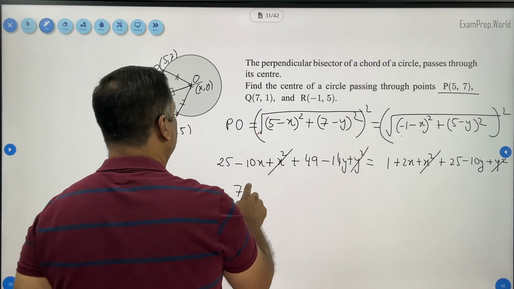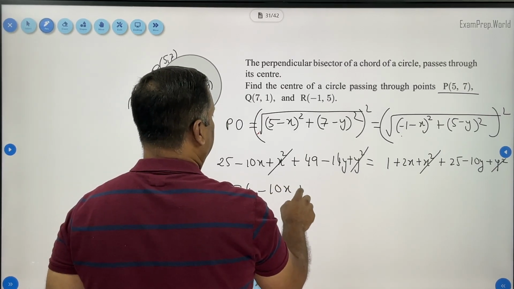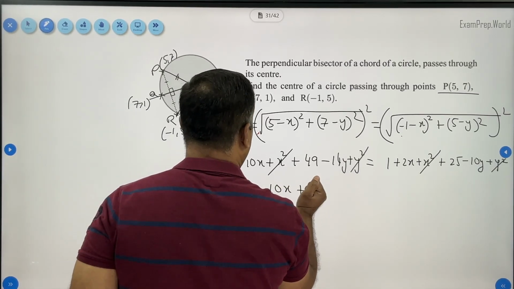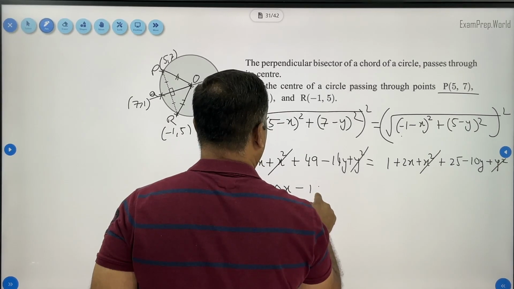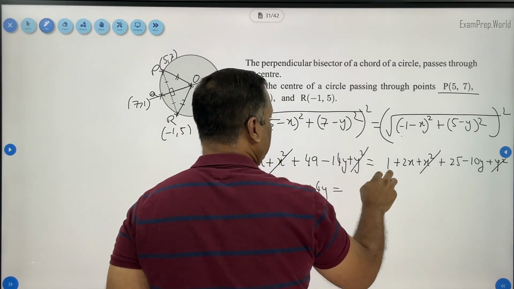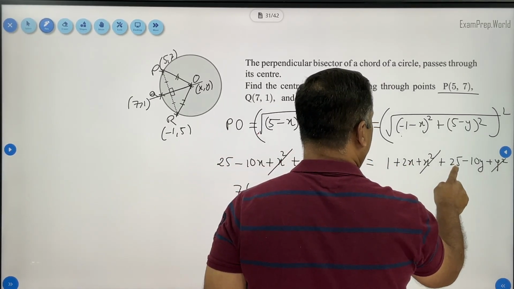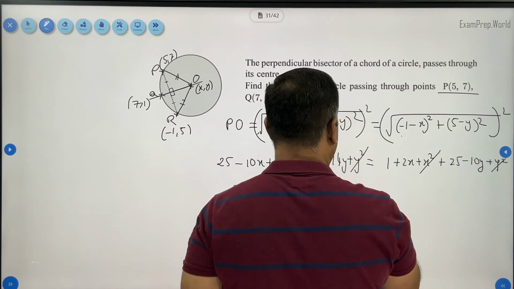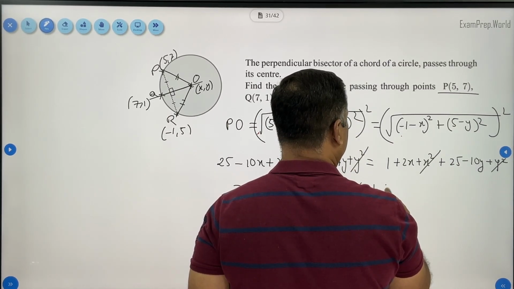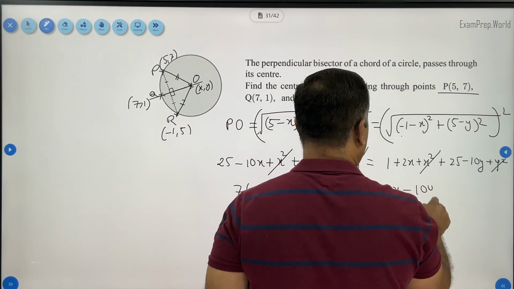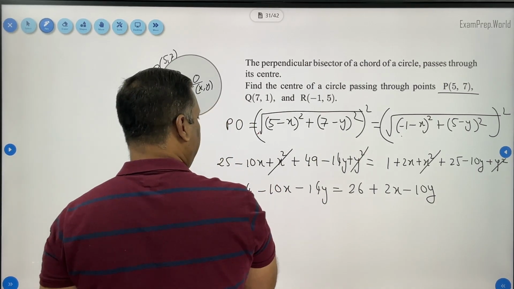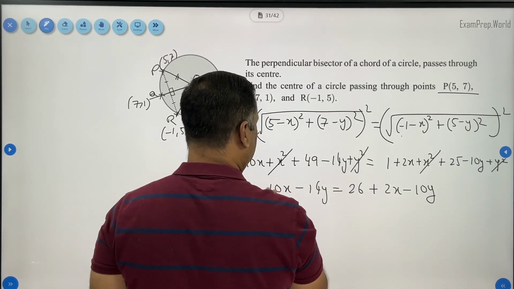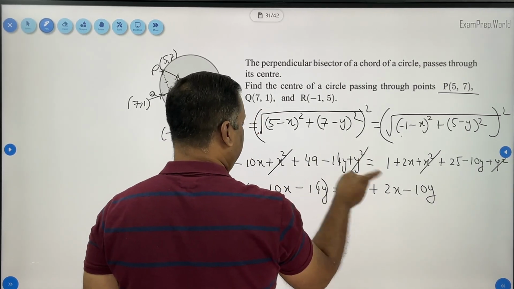74 minus 10x minus 14y equals 26 plus 2x minus 10y. Get everything over to this whole thing. I will take this whole thing to the right side.